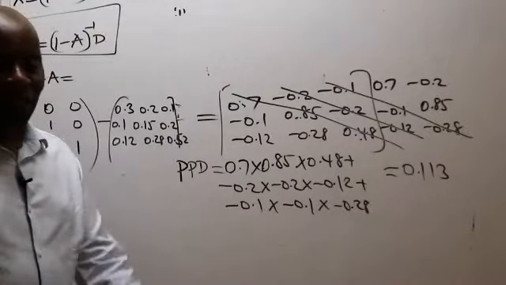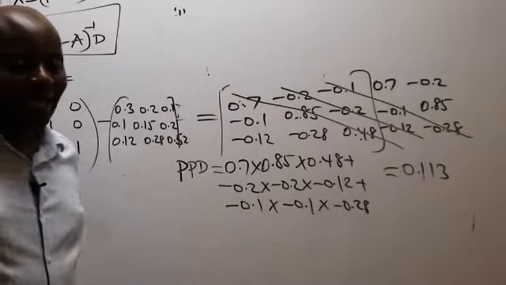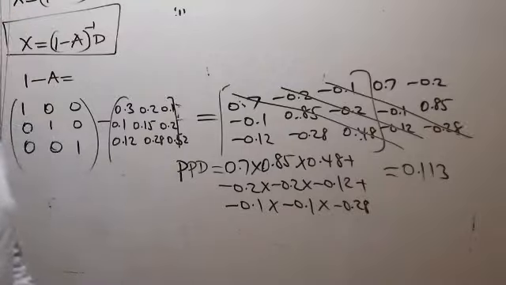They're getting different figures for PPD. And I want to believe it is because of what here? The signs. Somebody must be missing out on some sign. PPD. I'm looking for PPD.